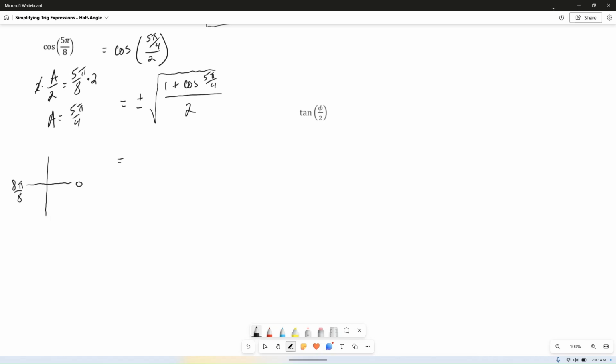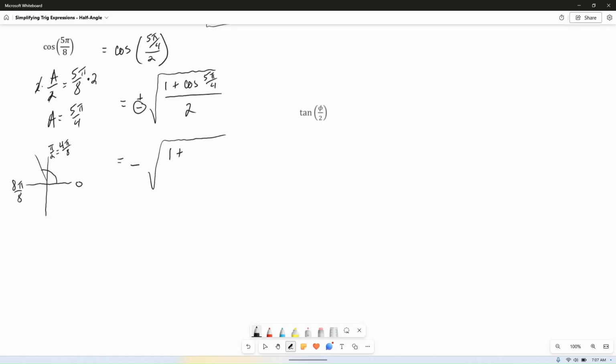And then that means the positive y-axis would be pi over 2, or we could rewrite that as 4 pi over 8. And so 5 pi over 8 actually has to be past the y-axis. It has to be somewhere in the second quadrant. And we know that cosine is negative in the second quadrant. So this time we're going to have a negative square root of 1 plus the cosine of 5 pi over 4.